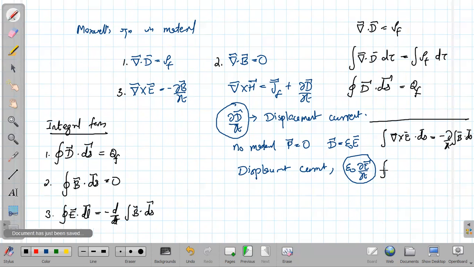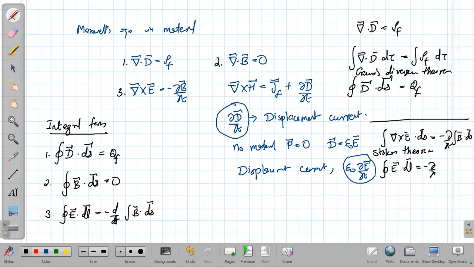Now the left side can be converted into a line integration using Stokes' theorem, equal to minus ∂/∂t of the integral B·da. And here we have used Gauss's divergence theorem.